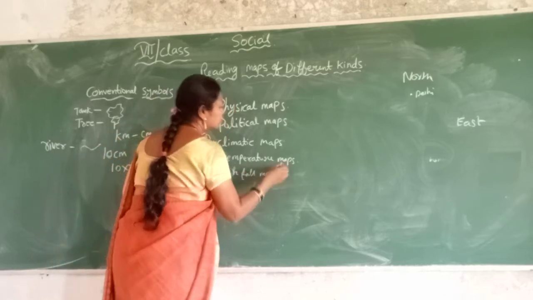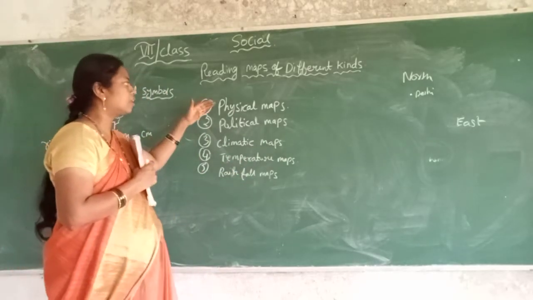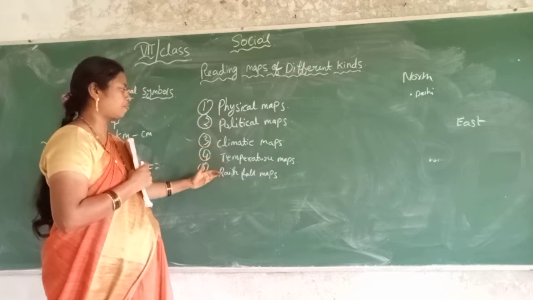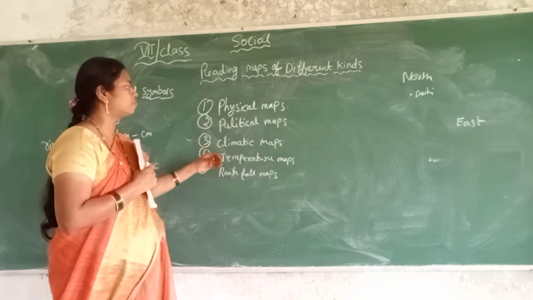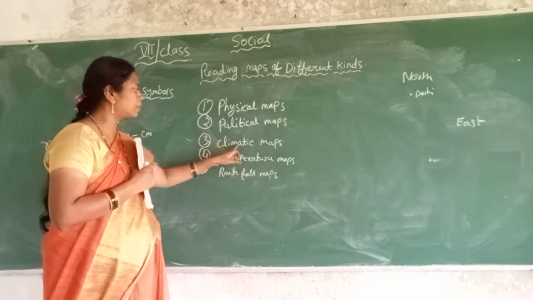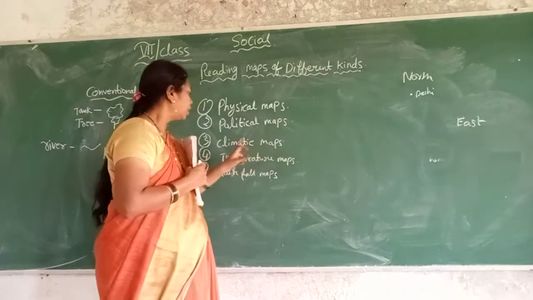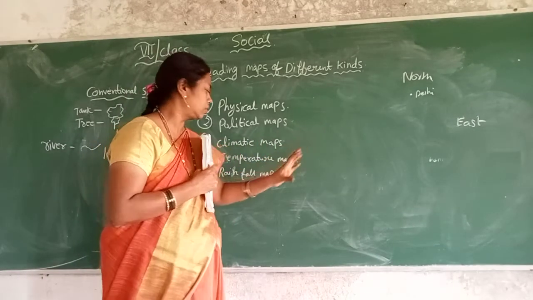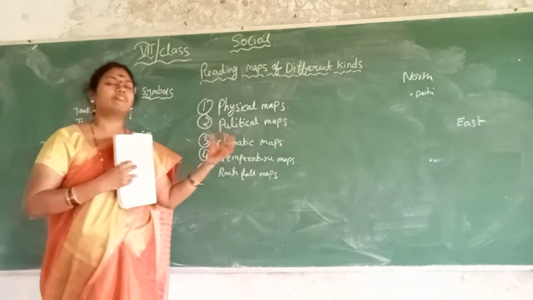So in this way there are so many different kinds of maps, in which you can provide different types of information. For example, in climatic maps, you can show the climate of a particular region. In temperature maps, you can show the temperature of a particular region. And in a rainfall map, you can see the rainfall distribution of different areas.